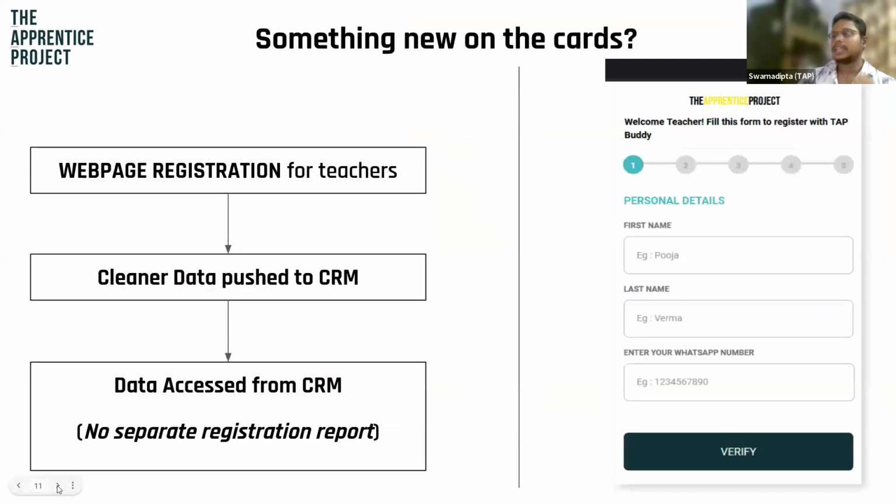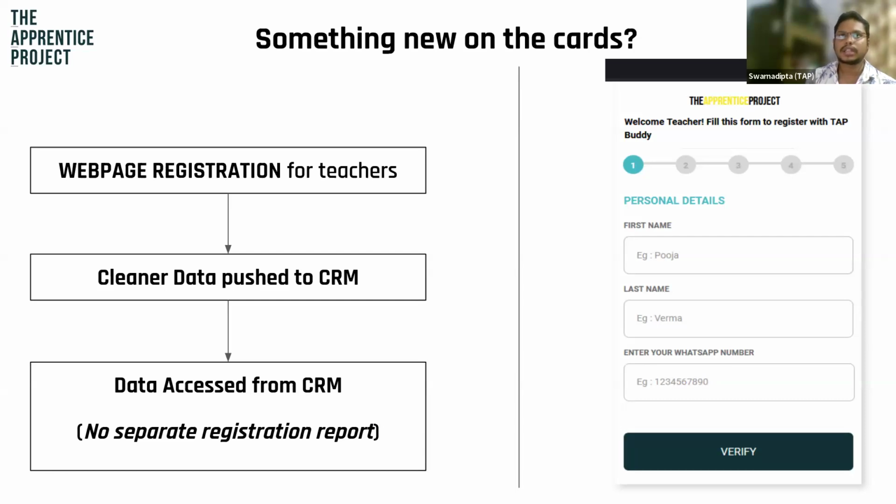Moving on. This is something new on the cards, and this initiative was taken to ensure that we push even cleaner data to the CRM. So this year, from this particular batch, we started something called web page registration for teachers. Until our last academic year, we were onboarding teachers on our Glific platform, basically TabBuddy.